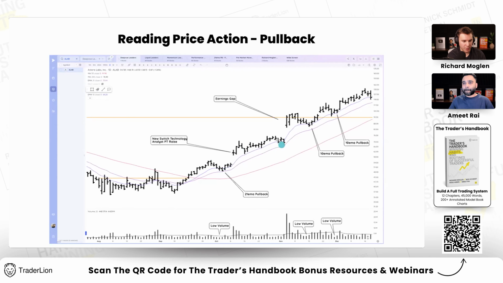Then we have a pullback to the 21 EMA, gap up, pullbacks to the 10 EMA, pullbacks to the 10 EMA, nice tight range here, reconfirmation to the upside. So these pullbacks are key and great spots to add to a position, or if you're early enough in a trend, even start a new position because you manage risk really clearly. If it violates the 10 EMA after you enter, you're out with a small loss, no harm done.